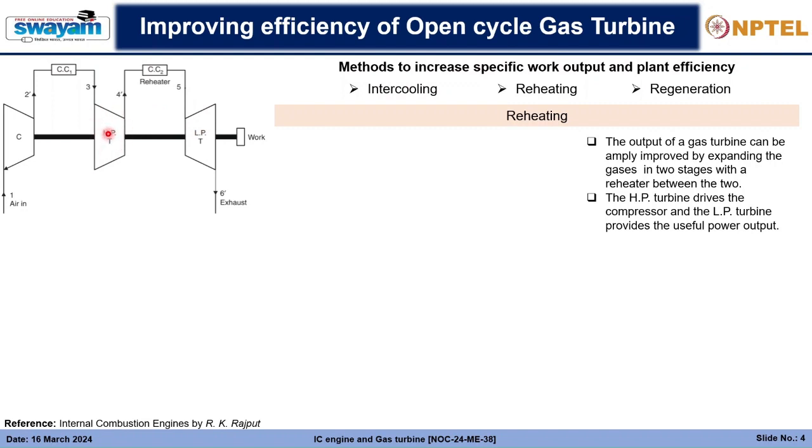The work produced by the high pressure turbine will be entirely used to drive the compressor, while the exhaust coming out of the high pressure turbine will be reheated and then added to the low pressure turbine, and the work output coming out of the low pressure turbine will be used to get the net work output. So that is the whole concept.